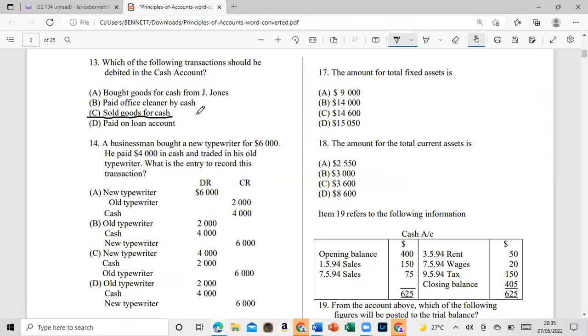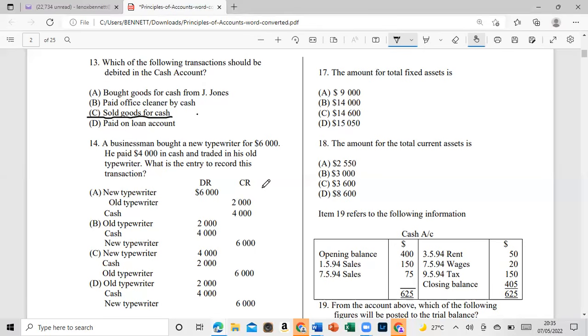So sold goods for cash. And D, paid loan in account. No, that wouldn't be right. So let's look at 14. It says a businessman bought a new typewriter for $6,000. He paid $4,000 in cash and traded in his old typewriter. What is the entry to record this transaction?